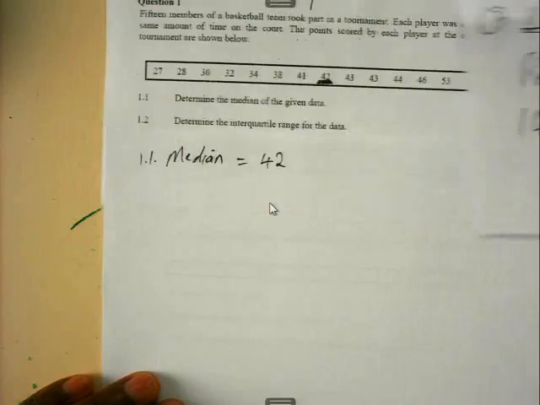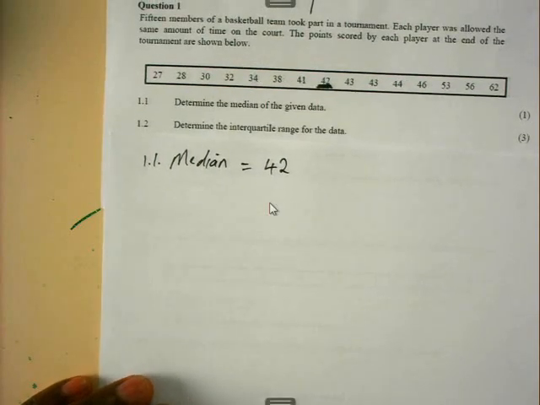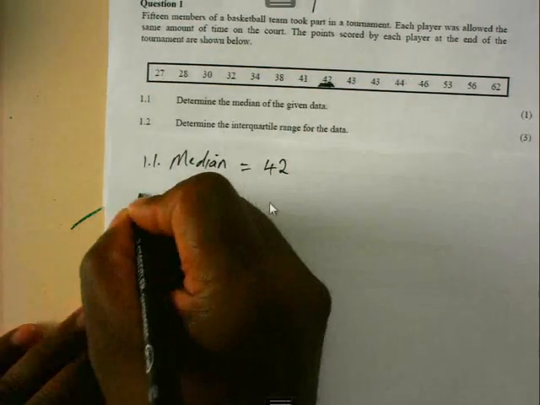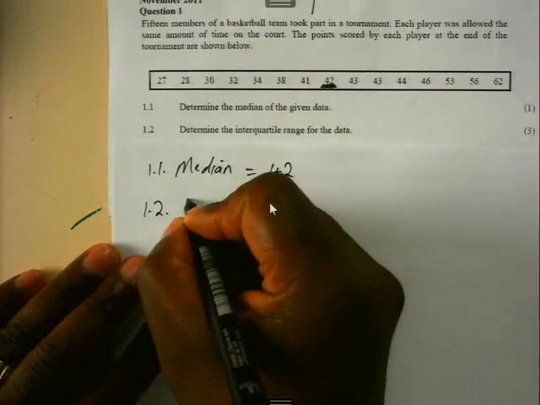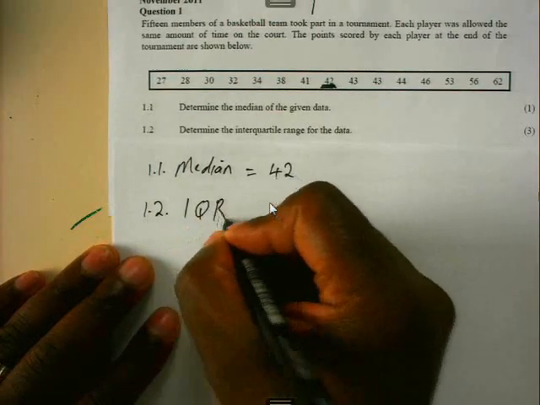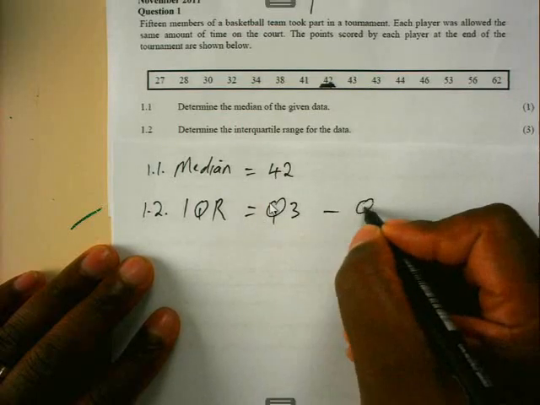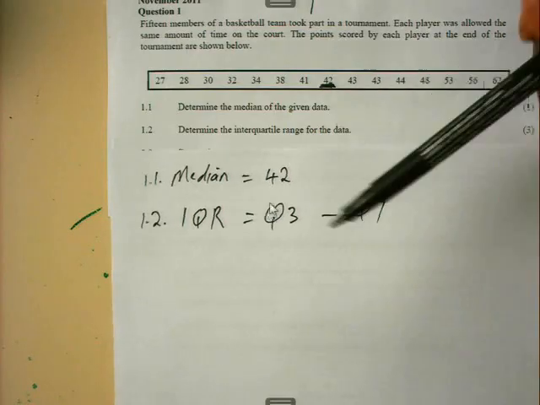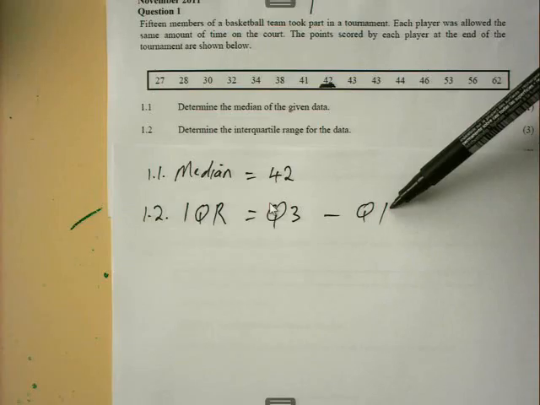Now you've got the answer to this one then. 1.2, determine the interquartile range. And if you still remember, I said the interquartile range is equals to quartile 3 minus quartile 1. So our task is to determine Q3 and then to also determine Q1.